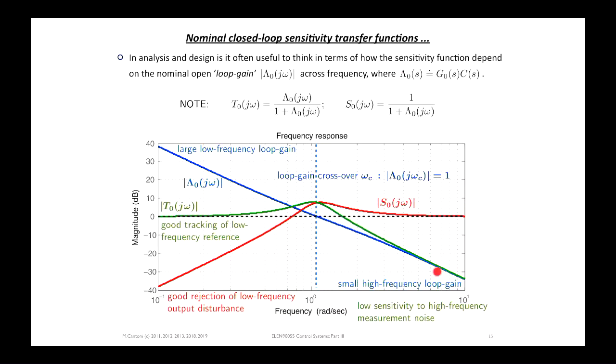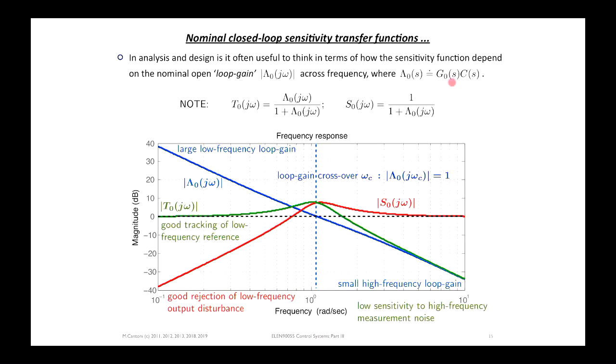At high frequencies, we want T to be small, typically. T also tells us how sensitive the output signal is to measurement noise. Measurement noise is often high frequency, and in order for the output to not be sensitive to measurement noise, we need T at high frequency to be small. And that can be achieved just by making sure that lambda is small.